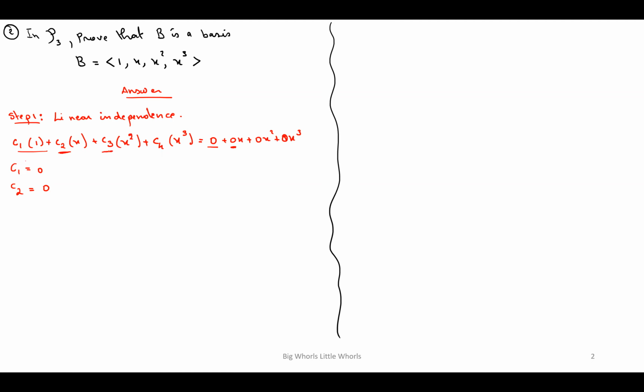The coefficient of x squared on the left equals that on the right, C3 equals 0. And the coefficient of x cubed on the left equals that on the right, equals 0. This is very easy. Therefore, B is linearly independent.